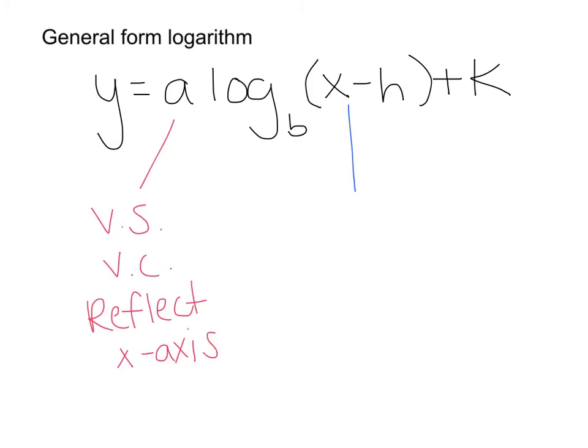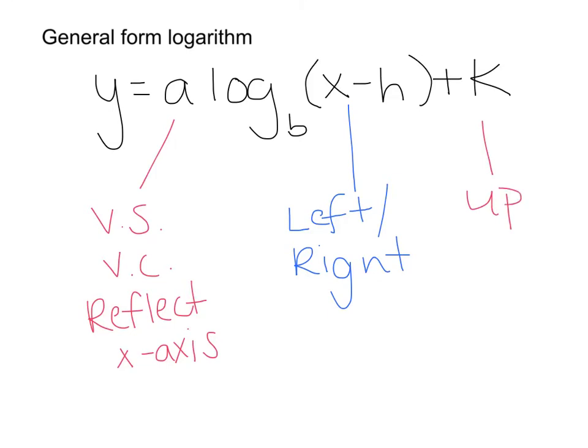The x minus h is going to either move it to the left or to the right. The plus k at the end is going to move it up or move it down.